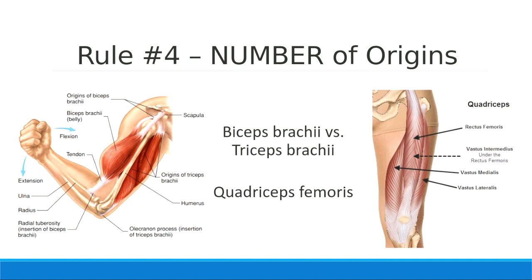We can name a muscle based on the number of origins that it has. So let me put this into the chat because this would be a good thing for us to know. When I talk about muscles, the number of origins that that muscle has, this origin word here, is this a place where it attaches that does or does not move?